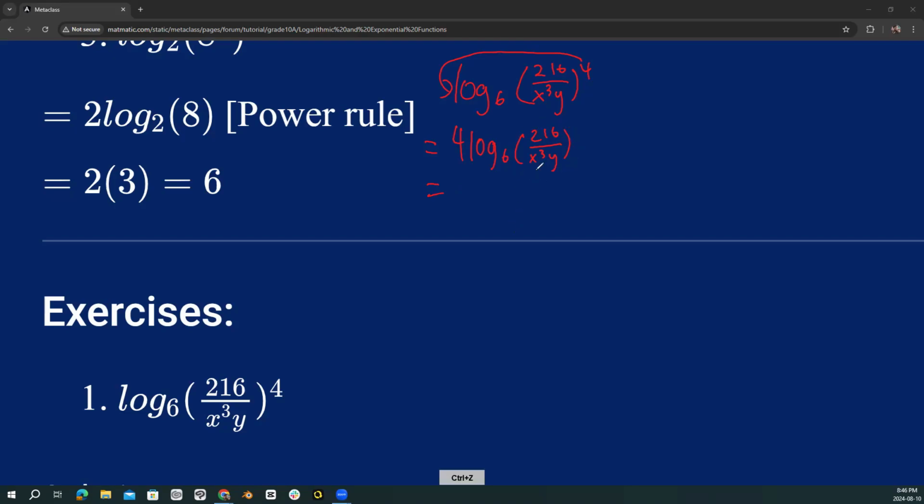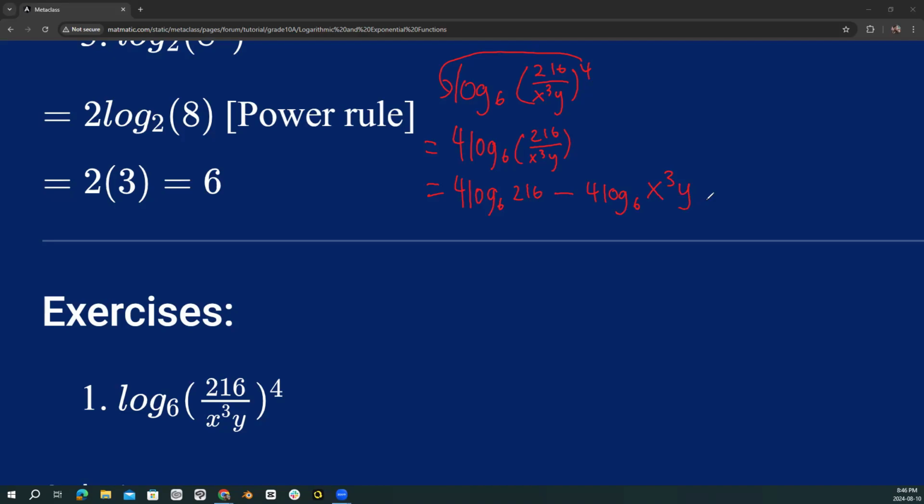So we would get 4 log base 6 of 216 minus 4 log 6 of x 3y.